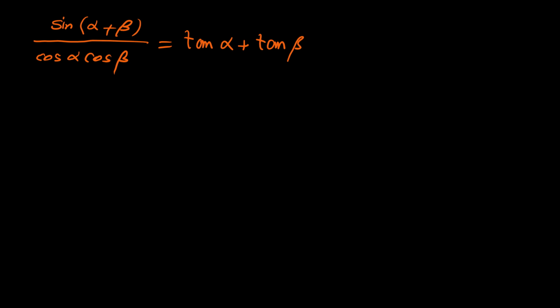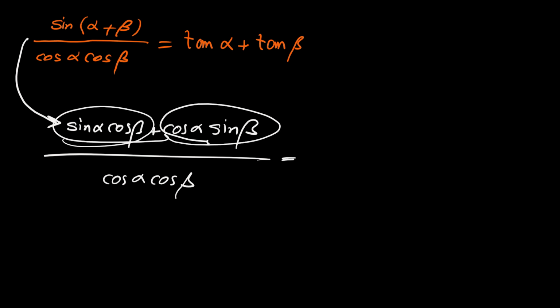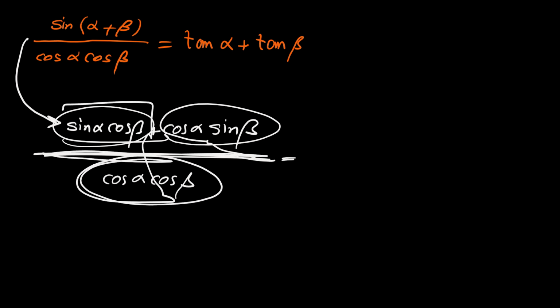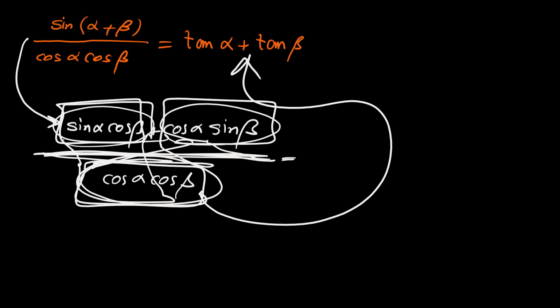By expanding the numerator, we have sine alpha cosine beta plus cosine alpha sine beta. This is for the numerator. And we leave the denominator cosine alpha cosine beta. Now look at this. We have 2 terms in the numerator which we have to divide by the denominator. If we divide this by this and we divide this by this, we can get to the other side.